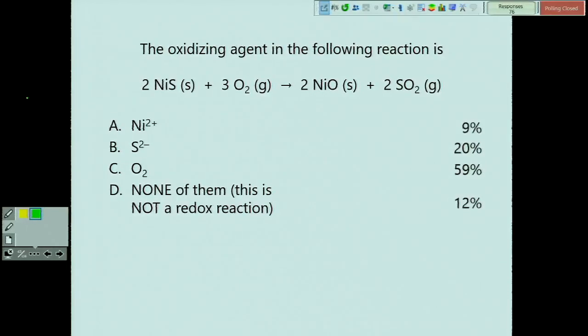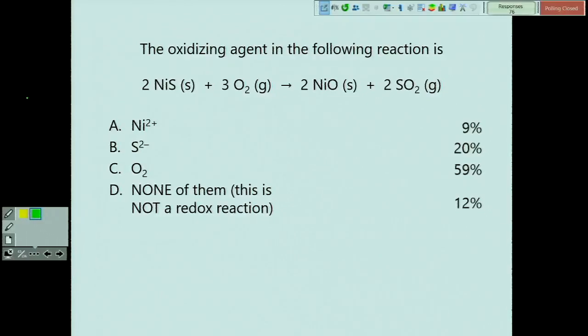What happened to the sulfur? The number went up, right? From being negative to being positive. Sulfur was oxidized. Oxygen was reduced. How do I know? It went from 0 to -2, right? You can also see it here in oxide, but even in this compound, oxygen was reduced.